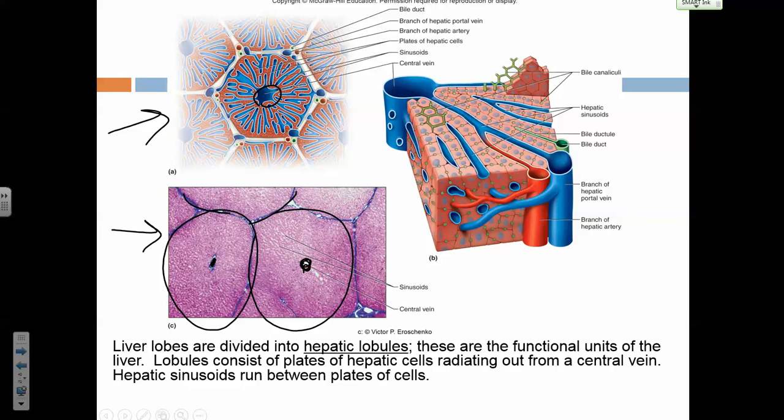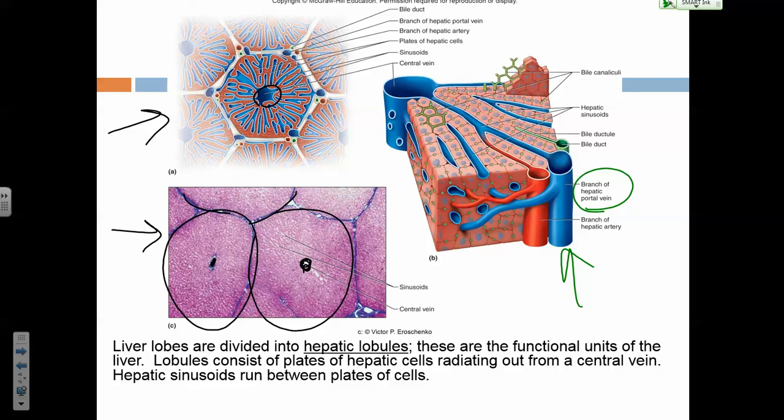But all of those veins coming from the digestive tract pool together at one called the hepatic portal vein that goes to the liver. And what you're seeing on this picture right here is a branch of that hepatic portal vein. It branches to feed all of these lobules.